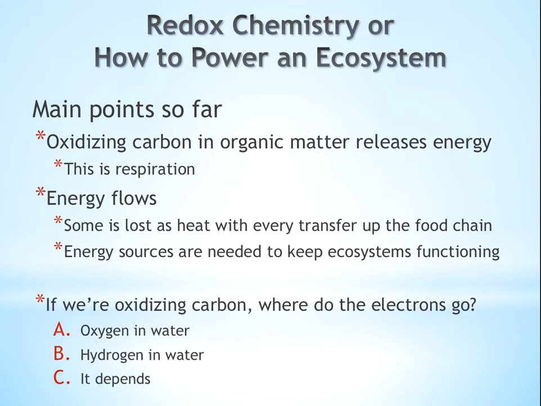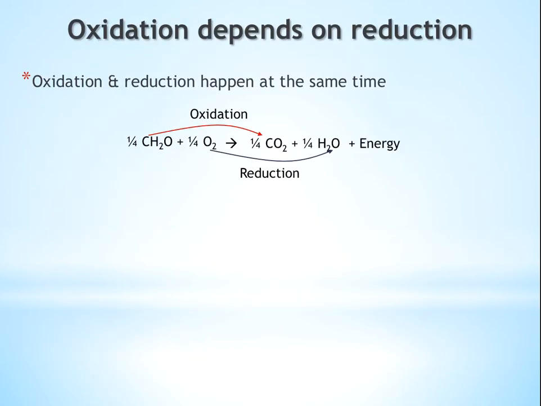Okay, so if we're oxidizing carbon, where do the electrons go? Here are your choices: the oxygen in water, the hydrogen in water, or it depends. You can think about that for a moment. And as you may guess, the answer is a little more complex, so it does depend. Part of this has to do with the idea that oxidation and reduction happen at the same time. This is aerobic respiration, so respiration in the presence of oxygen.